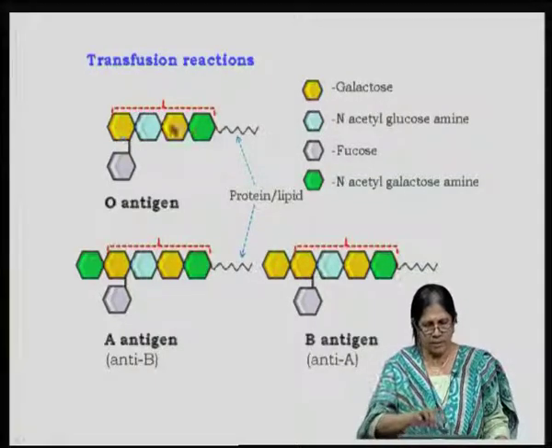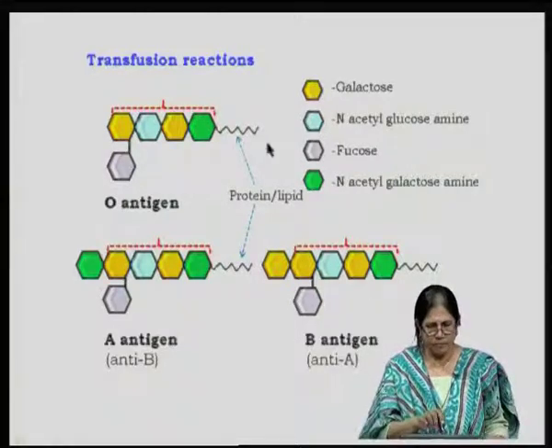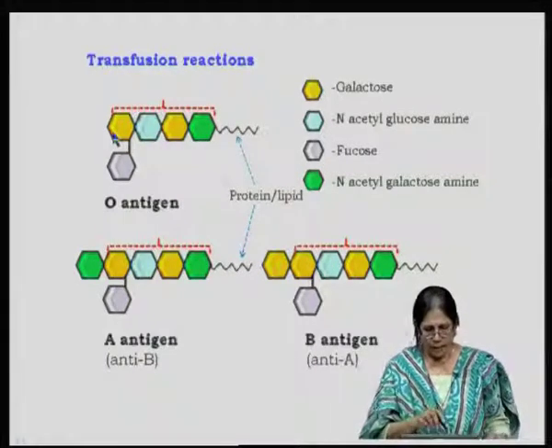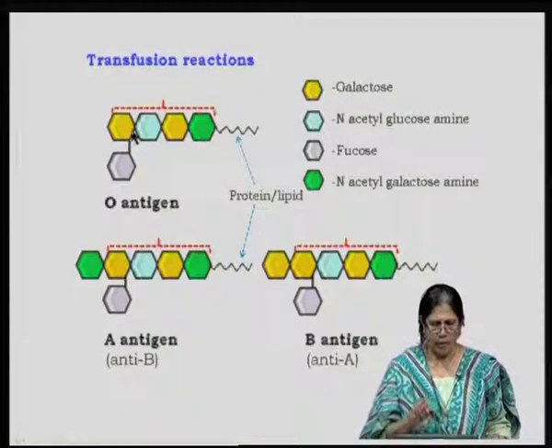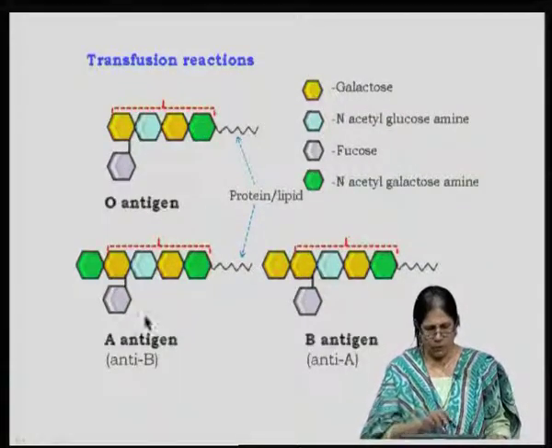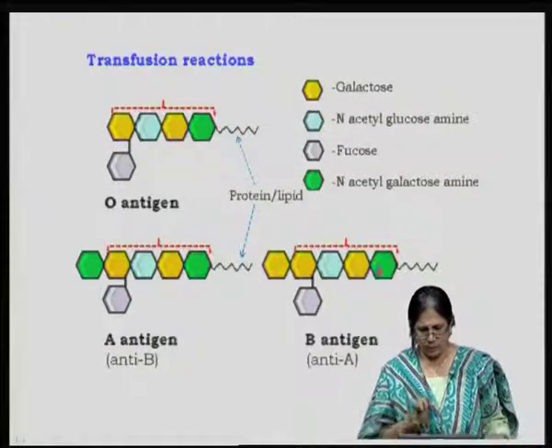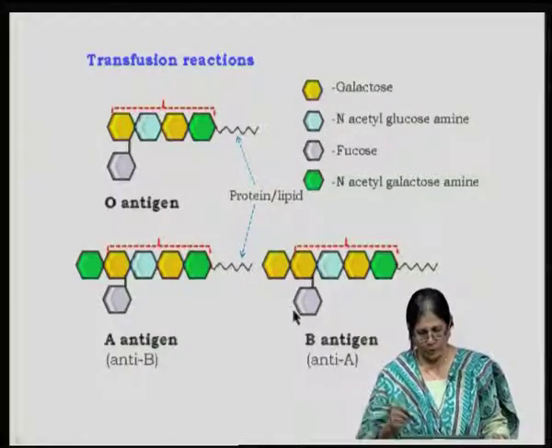There is a stem cell factor, first a protein or a lipid on which there are additions of sugars, and the sugars, the 4 chains that you see here, all of them are present on all the blood groups. You can see the 4 hexagons that are present on all O, A, B, and of course, it would also be AB.